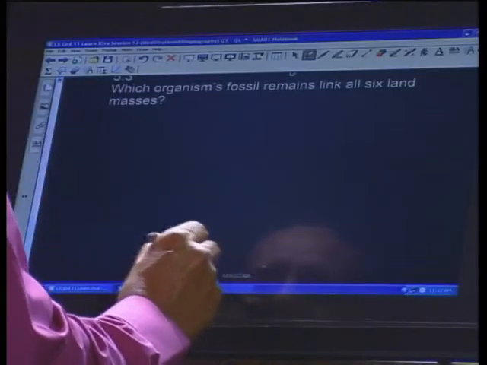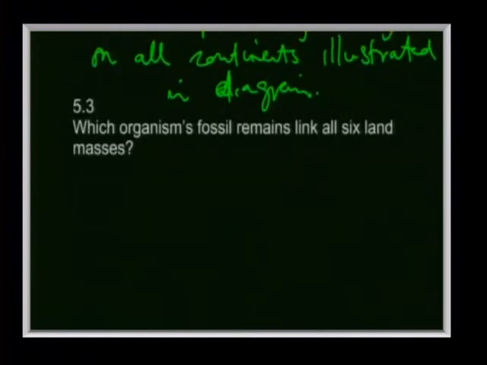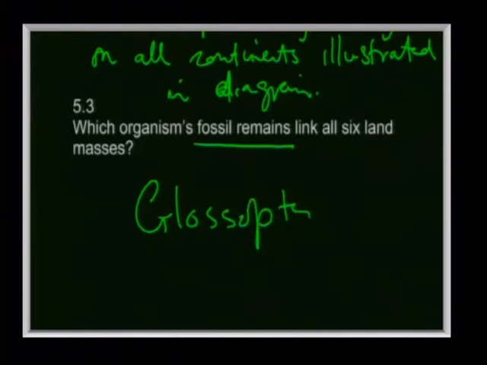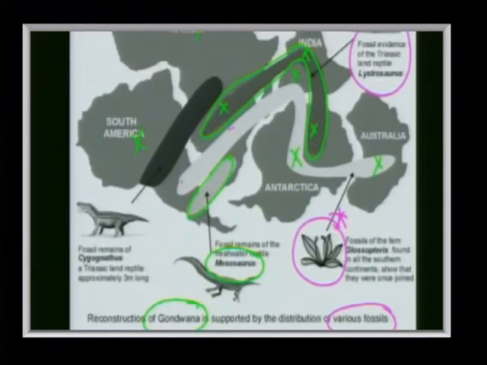Then let's look at question 5.3. Which organism's fossil remains links all 6 land masses? Actually, I've been using the example constantly. And the answer is Glossopteris. And let's just go back and check. Here we have the mass.